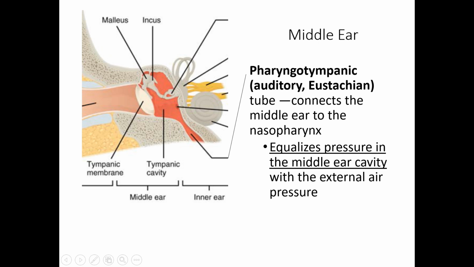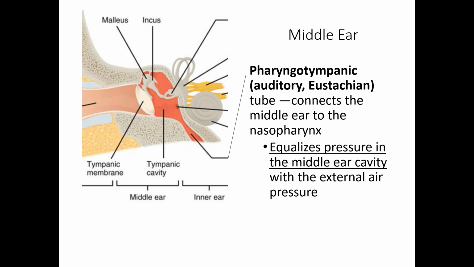Eustachian tube or auditory tube or pharyngotympanic tube is a tube connecting that middle ear cavity to the pharynx, and the purpose of that tube is to equalize pressure inside the middle ear cavity and pharynx.